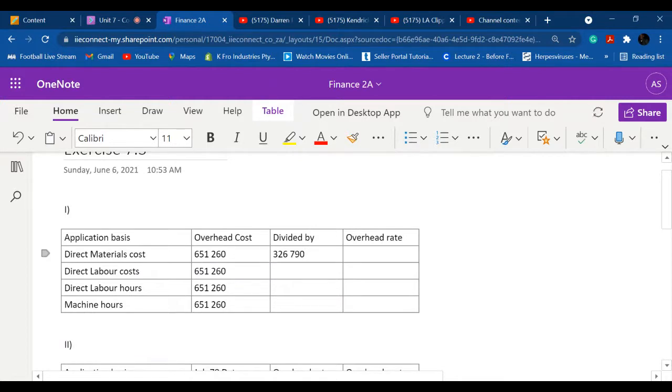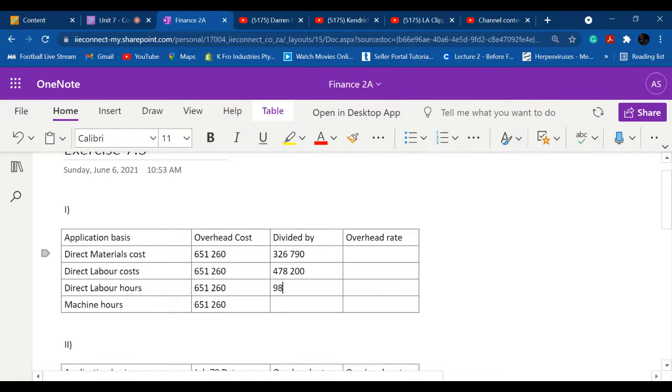Okay, so I'm going to quickly type these up if you guys can do the calculations very quickly. Next one is direct labor cost, which is 478,200.